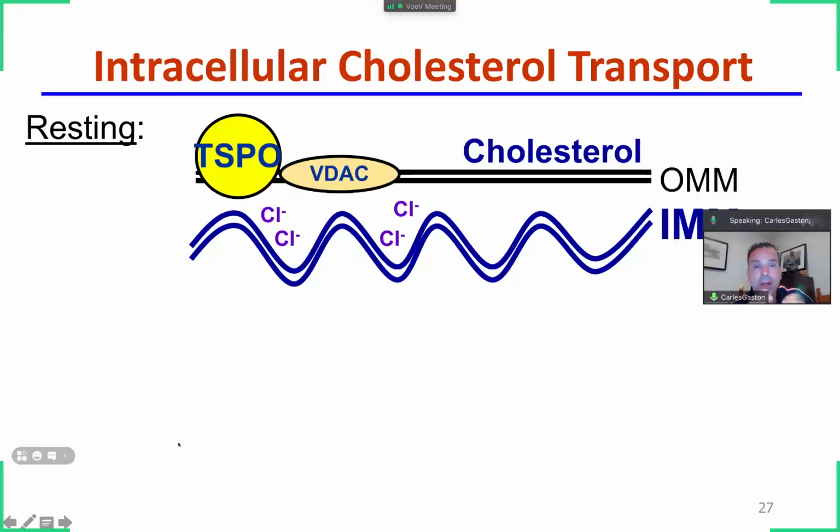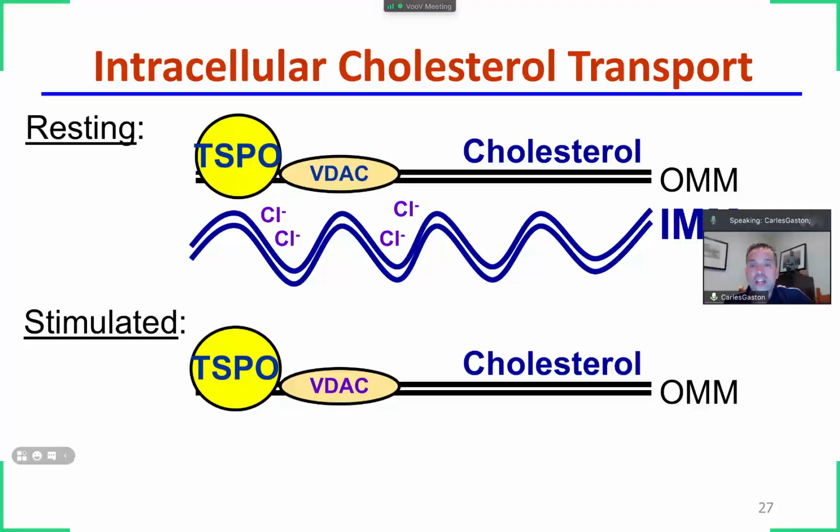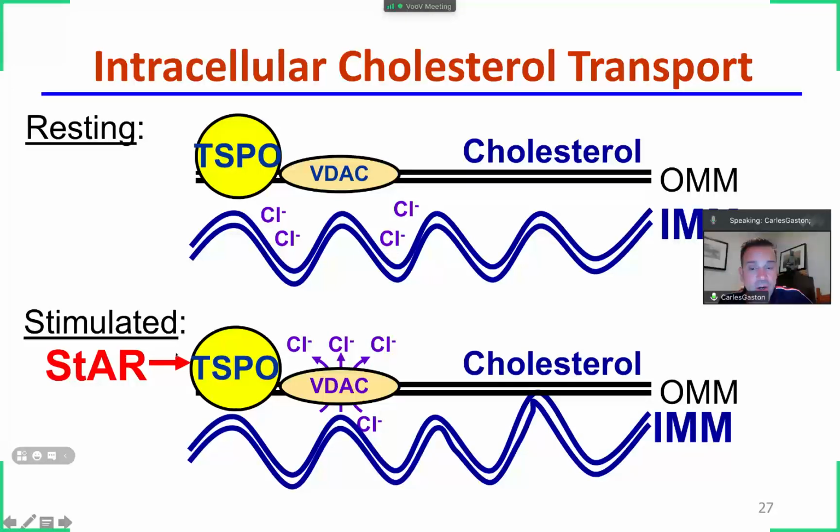They make a complex, and cholesterol enters into the inner membrane of the mitochondria, and there is the modification of cholesterol. Also, they can be stimulated by StAR, which stimulates TSPO and VDAC. And what happens through VDAC is that cholesterol then can travel across the outer membrane.